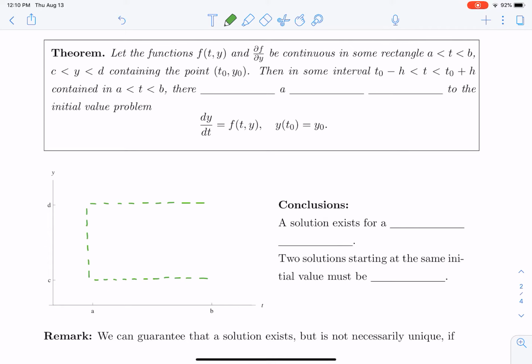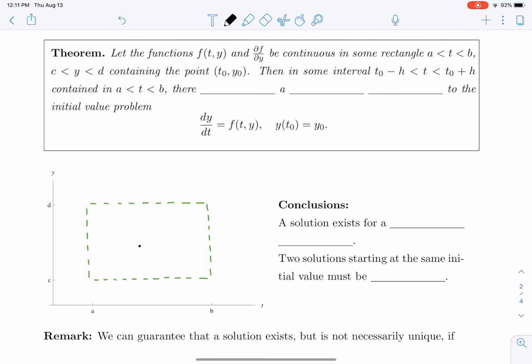If you look at this region of the plane, we're going to say that both the right-hand side of the equation, f of t, y, and the derivative of the right-hand side are continuous within that rectangle. And we're going to say that that rectangle contains our initial point.